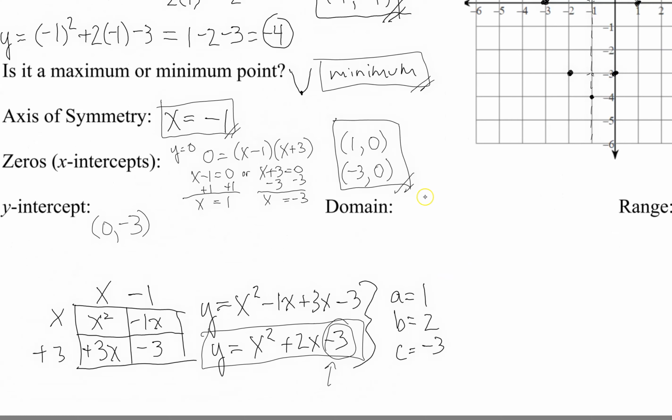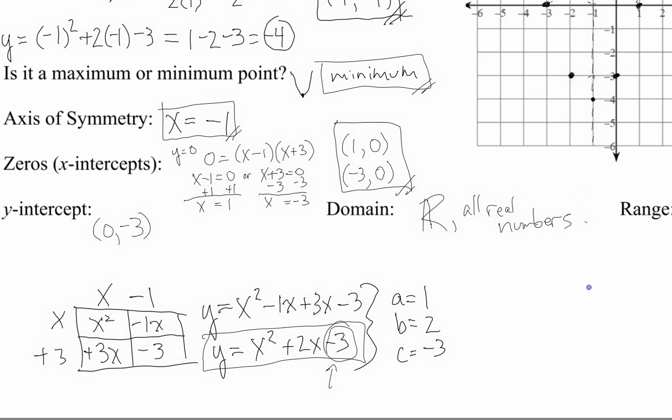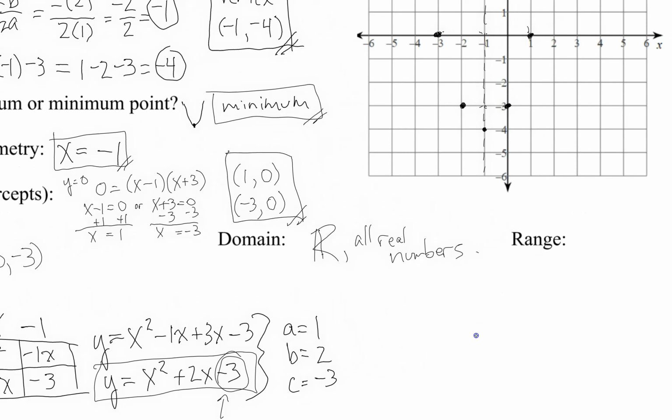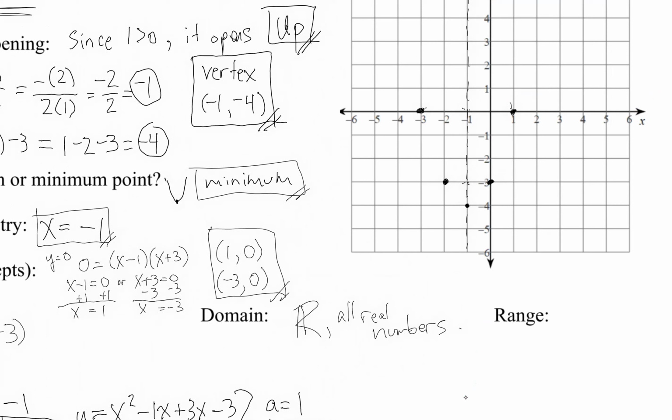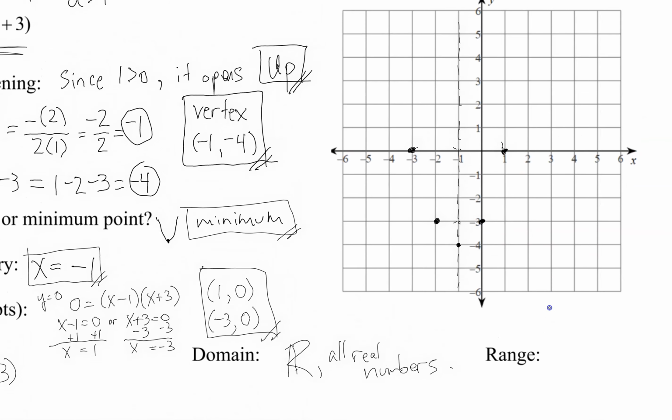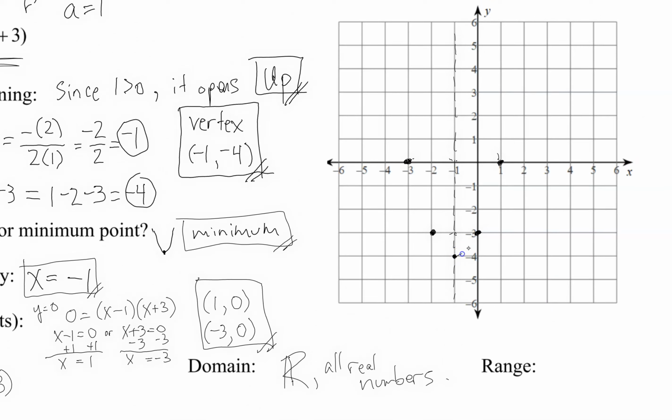Okay, and then let's see, our domain. Our domain is all real numbers, which we can write with this symbol, or we can write all real numbers. And then our range. And if we look at our graph now, we can see sort of what's happening. Remember that as you're doing this, it should be a curve, not straight lines. That really matters mostly down by the vertex.